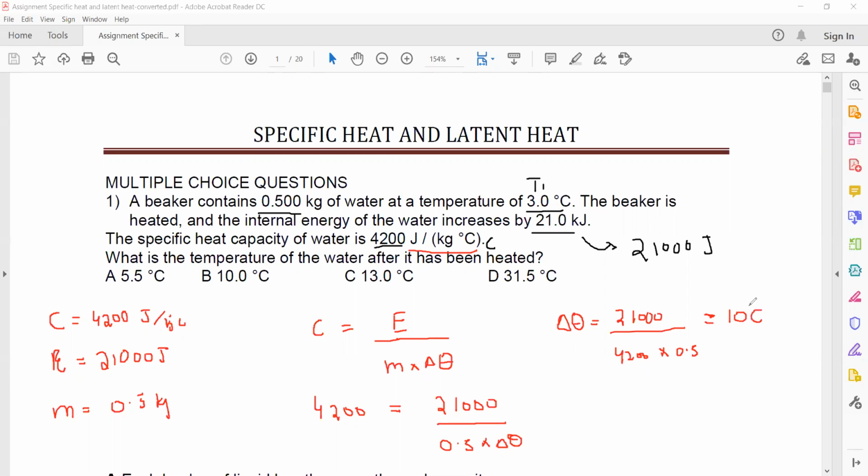But in the question, this is a change in delta theta, means change in temperature. But they ask for final temperature. So when you are supplying the heat energy, the temperature will rise. So the temperature change is final minus initial, or delta theta is equal to final temperature minus initial temperature.